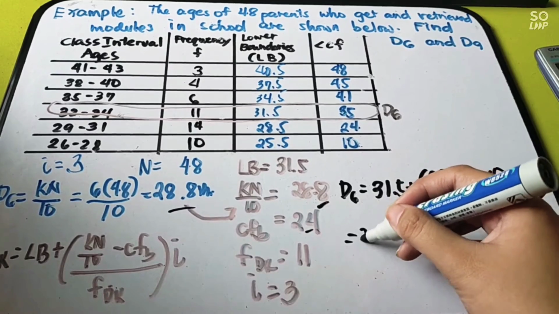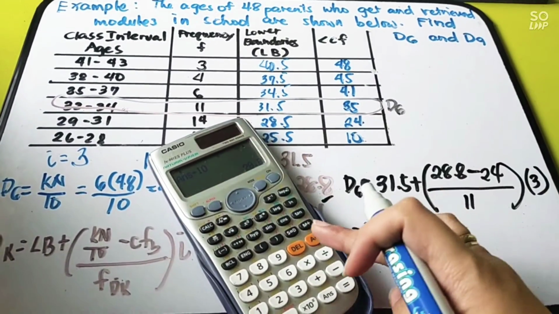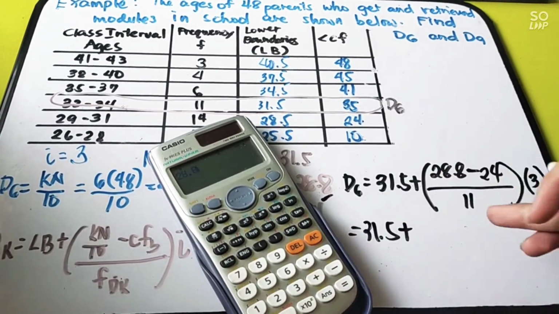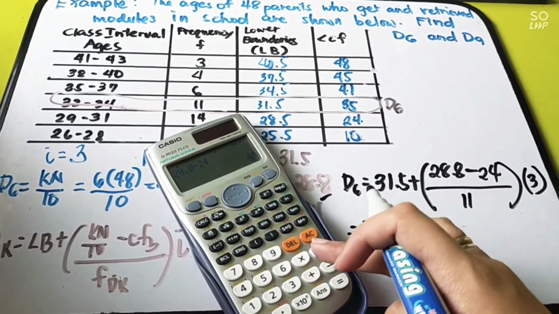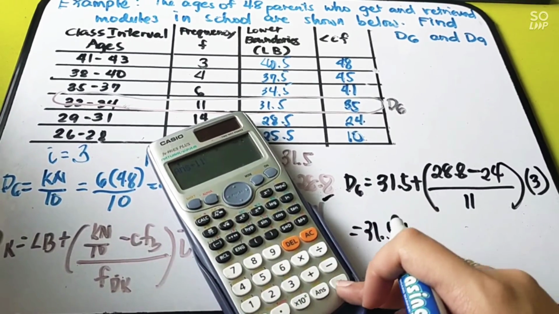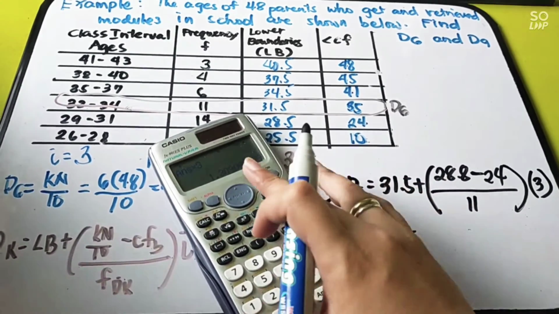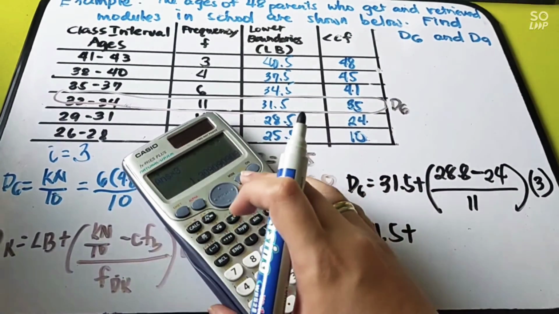Then equals 31.5 plus. Let us compute again using calculator. 28.8 minus 24, divided by 11, then multiplied by 3. So, the answer here is 1.31. Okay?